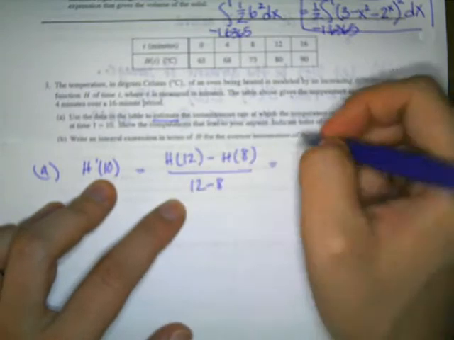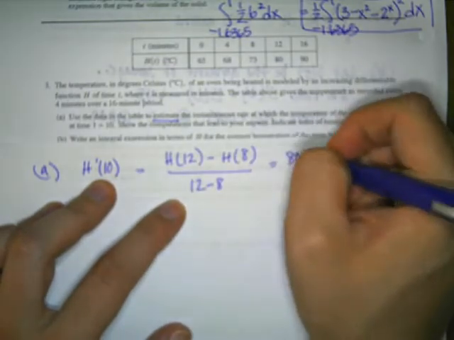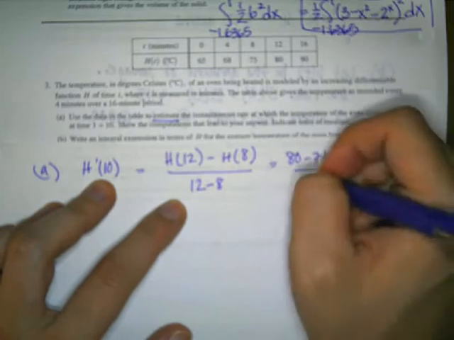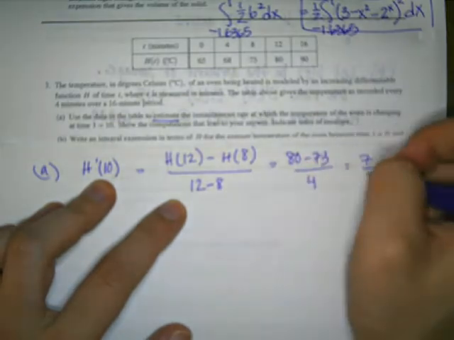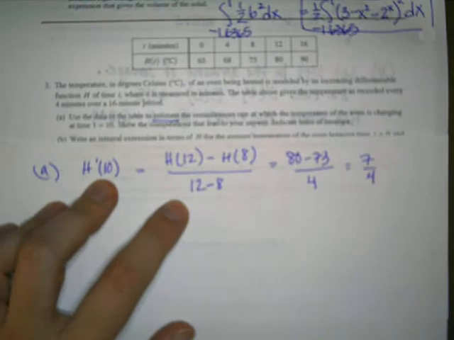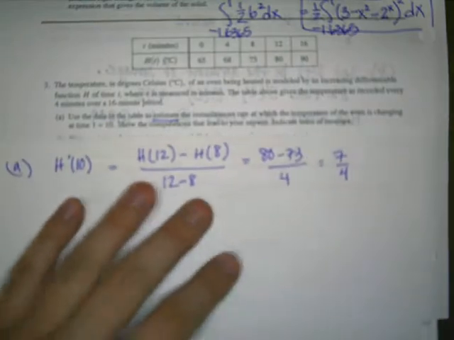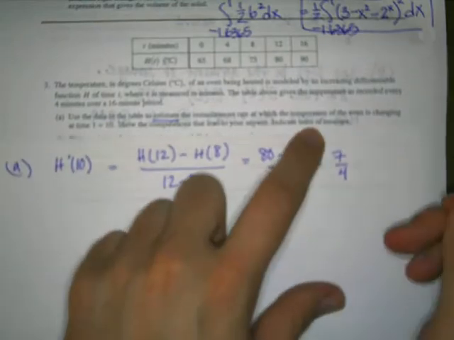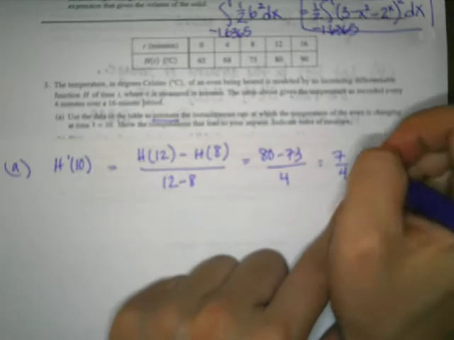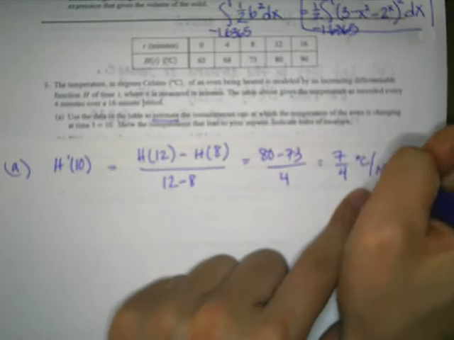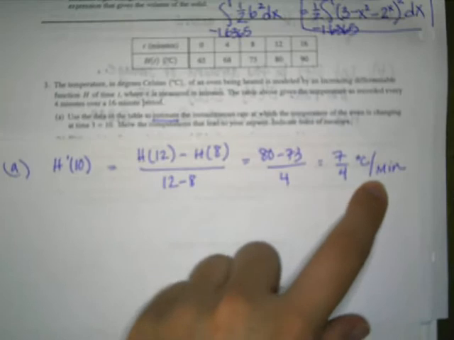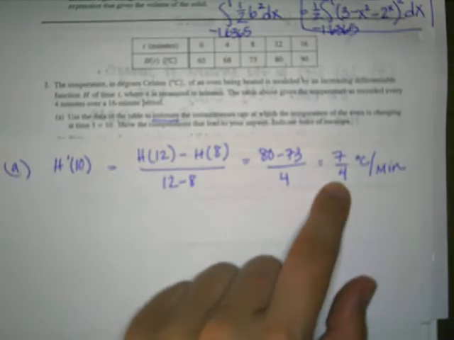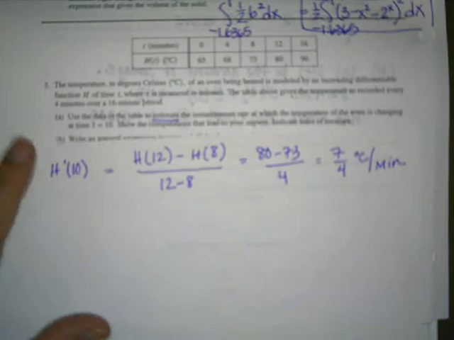If you do that, 80 minus 73 over 4, so you get 7/4. Now, the key here is to make sure that you indicate units of measure, because you do get your answer point based on that. So it'll be degrees Celsius per minute. So that's the average rate of change, or the estimate of the instantaneous rate of change at 10.